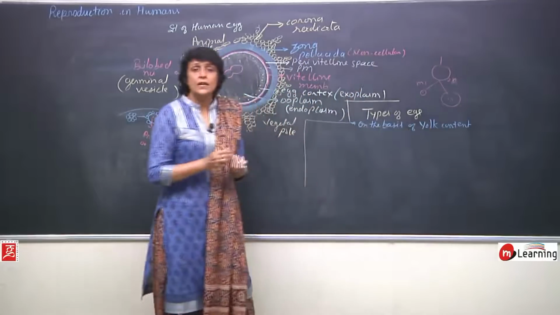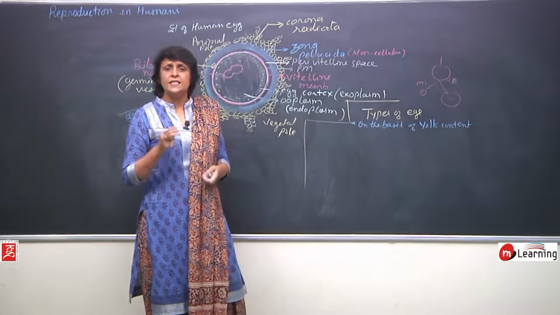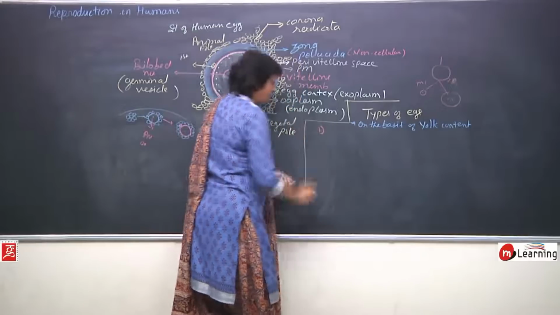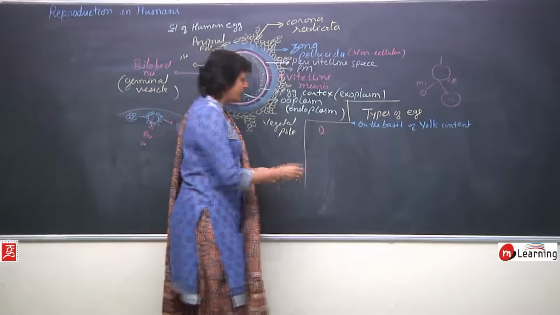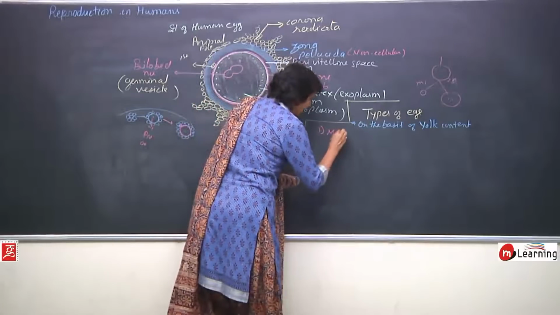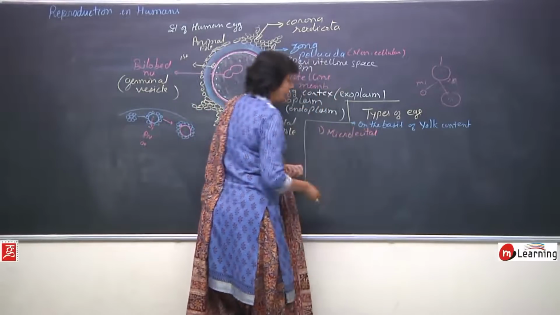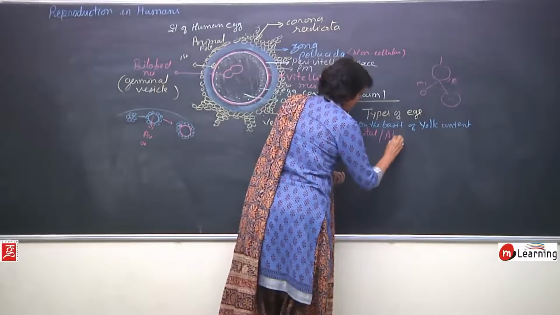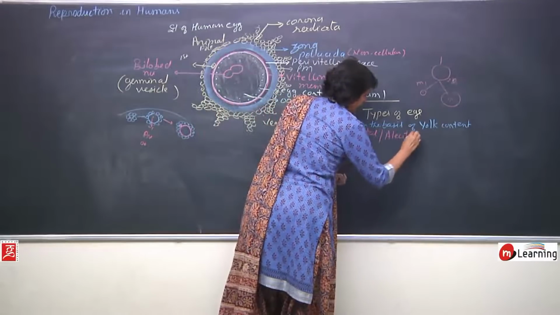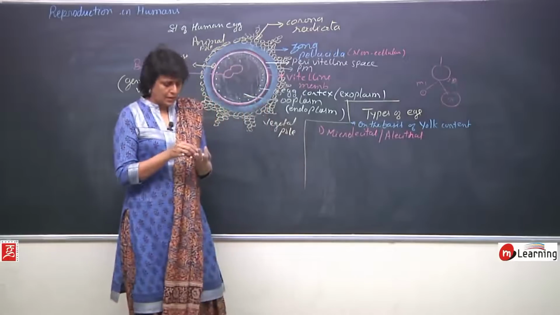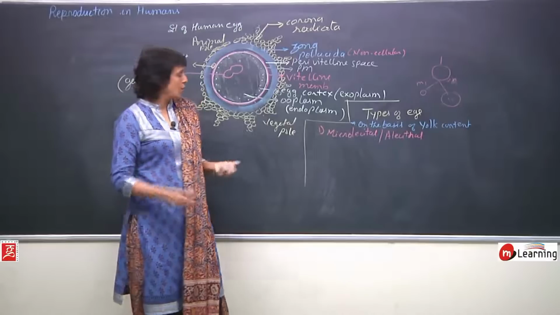If the yolk content is very less, negligible or absent, then such eggs are known as microlecithal or alecithal. It's almost negligible, as good as no yolk.